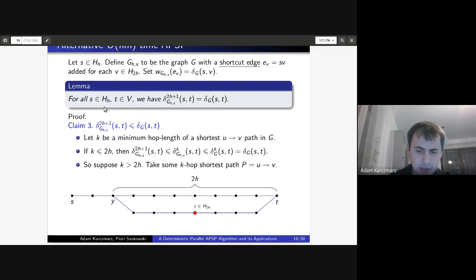But recall that we have a single hop shortcut from S to that hub Z, which certifies the existence of this green path with no more than 2H plus 1 hops, and length exactly the same as the S to T shortest path that we started with. Yes, so that proves claim 3.